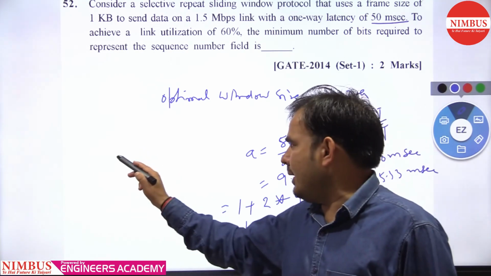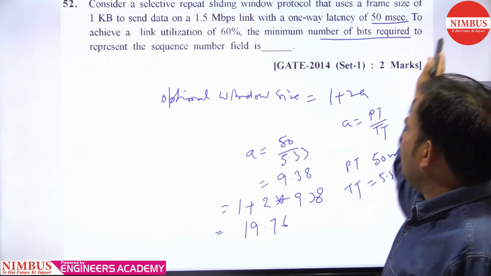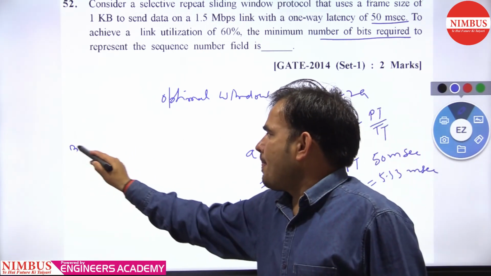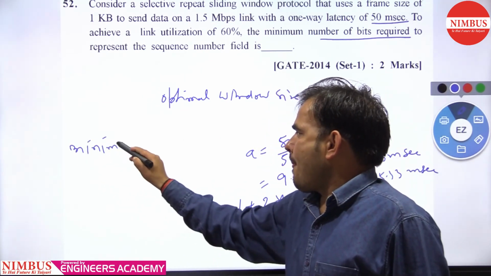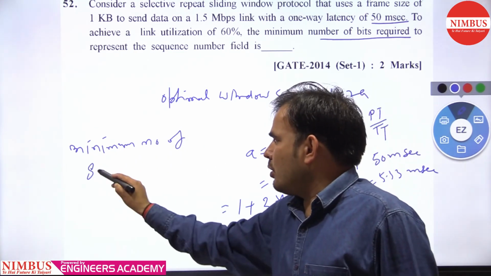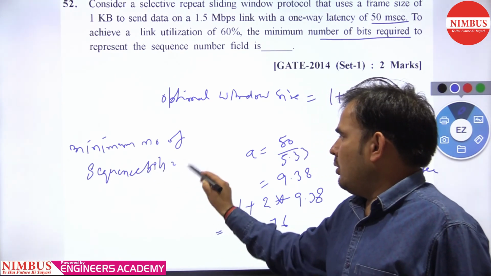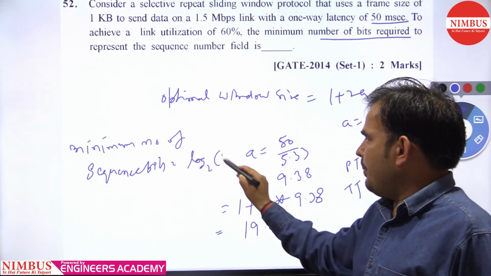When you take the log, the minimum number of sequence bits equals log base 2 of 1 plus 2a.